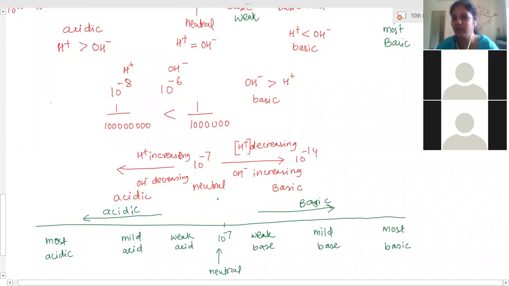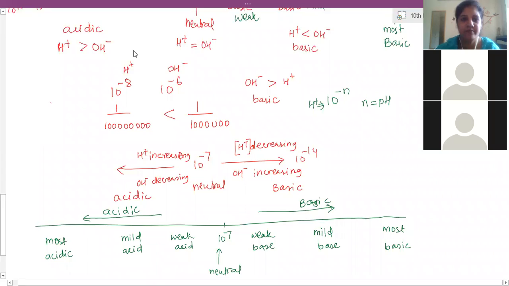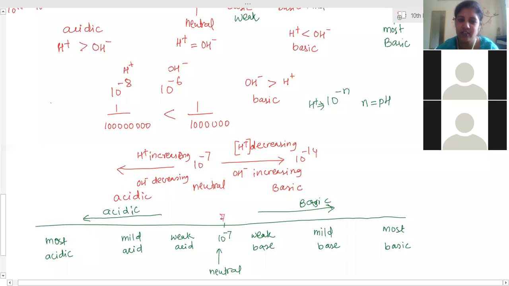Now the pH values. Now you got to know the concentration. So what are the pH values we are writing? If any H plus ion concentration is represented in terms of 10 to the power minus n, then the value of n is called pH. So for 10 to the power minus 7, what is the pH value? 7. So the pH value is 7.